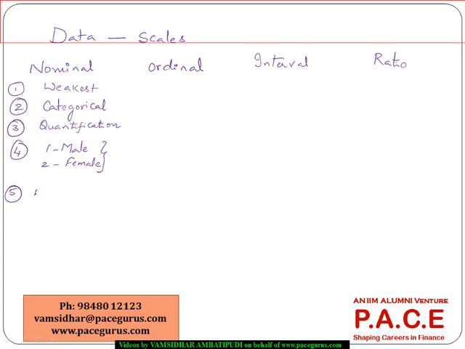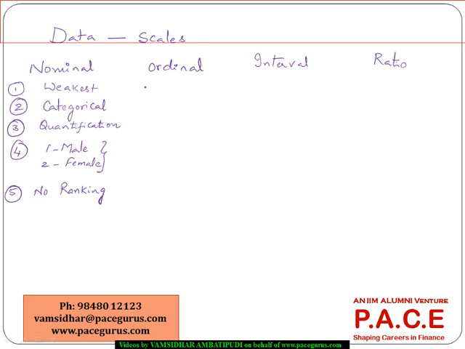No ordering or no ranking. So it doesn't mean that 1 is greater than 2, or the items which are marked 1 are better than the items which are marked 2, or vice versa. There is no such kind of a ranking among the data items, among the categories. So such a kind of a scale is what I call the nominal scale of data.